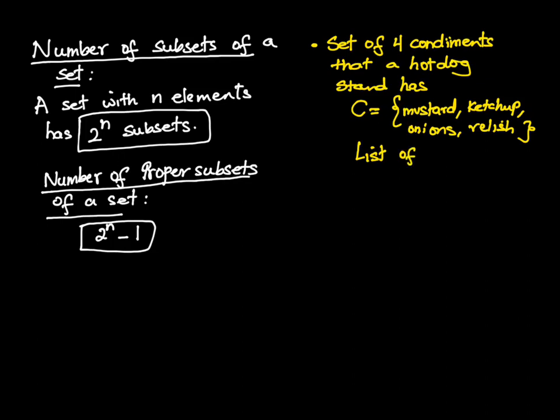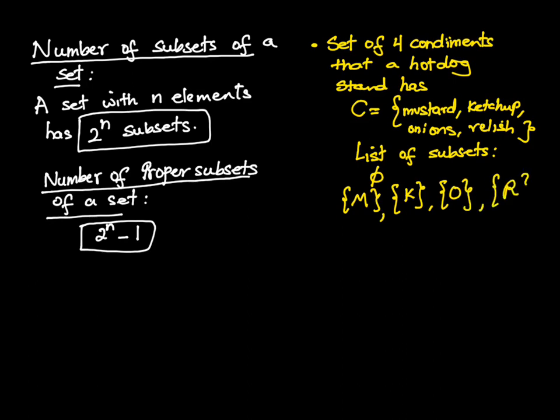So you make a list of all the subsets. Some people just want mustard, or just ketchup, or just onion, so you're going to have the empty set, then the mustard set, the ketchup set, just onions, and then just relish.